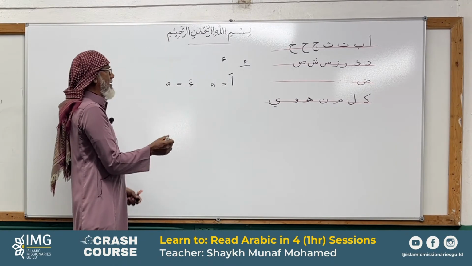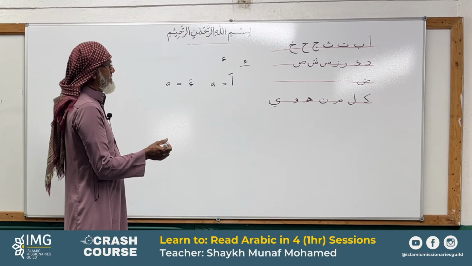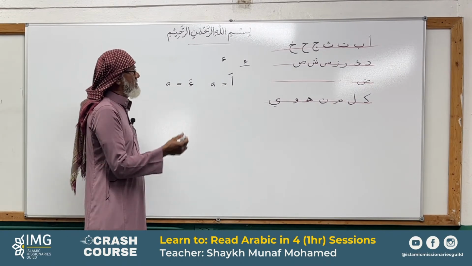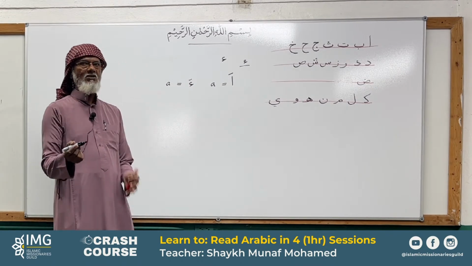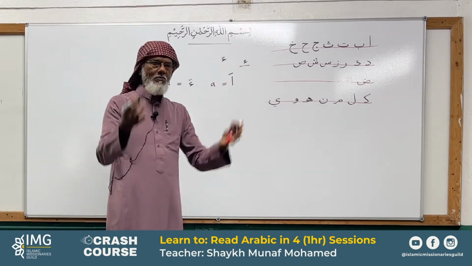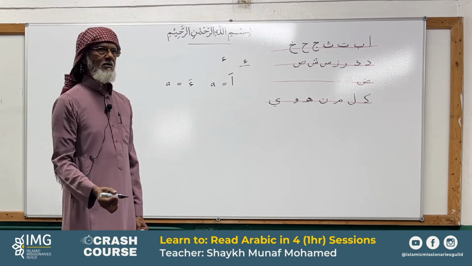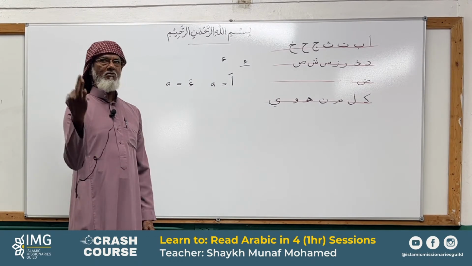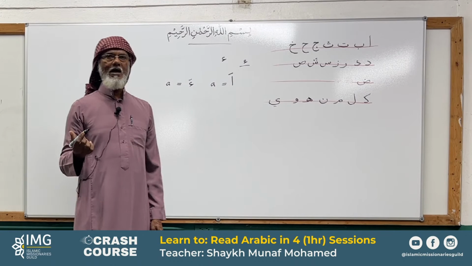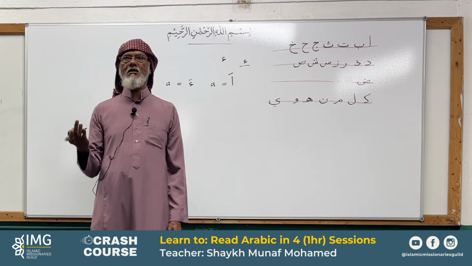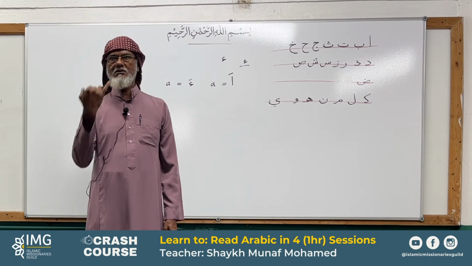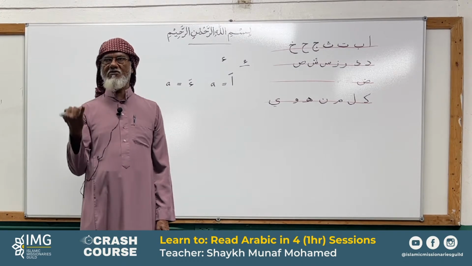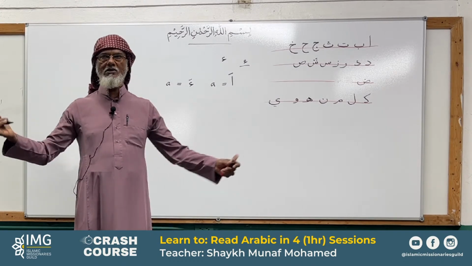What is unique about the Hamza is, I guess because it's small, it takes advantage of being small, and sometimes it jumps on other letters. All right, and you could see that only on 3 letters. These are the same 3 letters that are called the weak letters, and they are the vowels that function like long vowels.